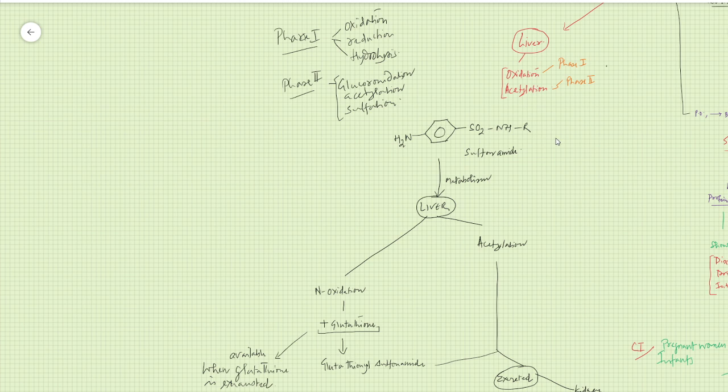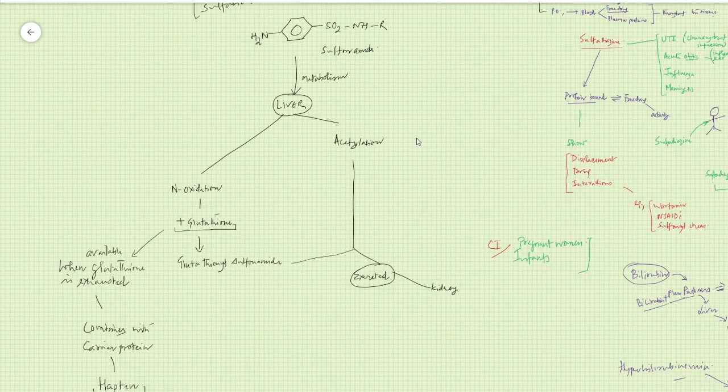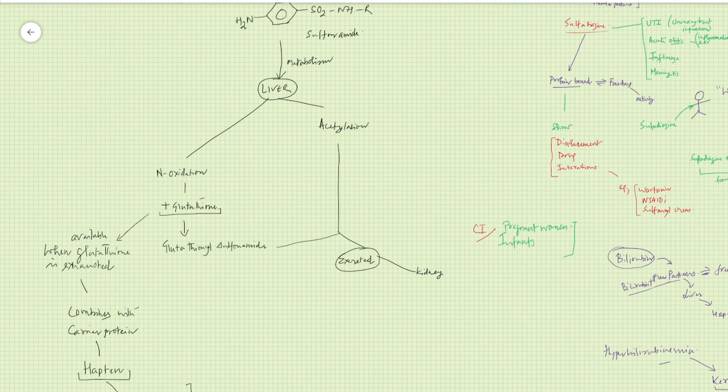The other thing to remember here is that the acetylated metabolite is not very water soluble. As a consequence, it can precipitate in the acidic environment of the urine.